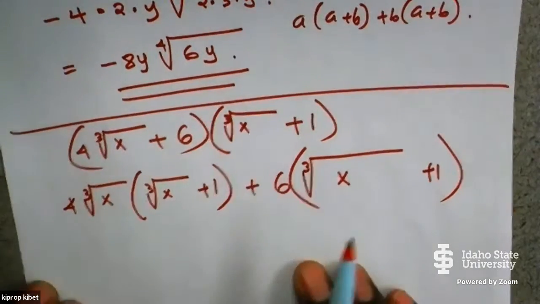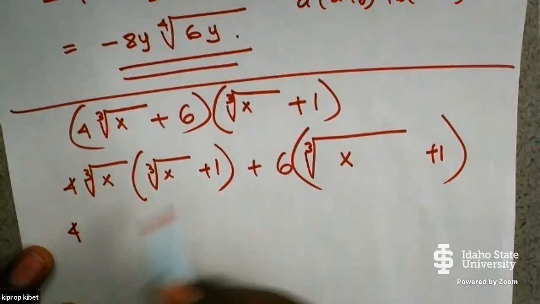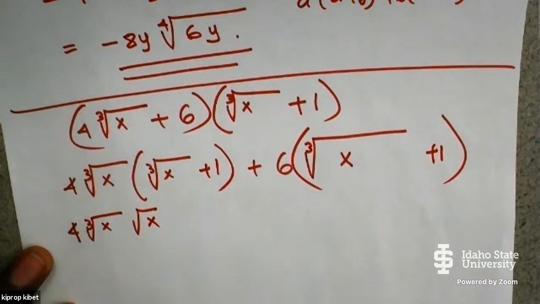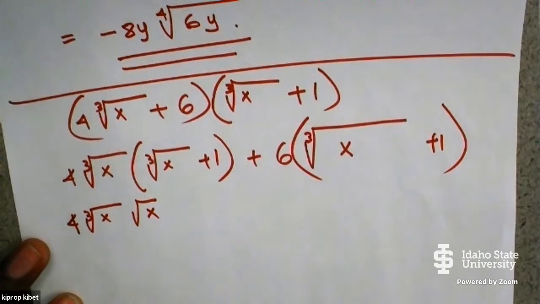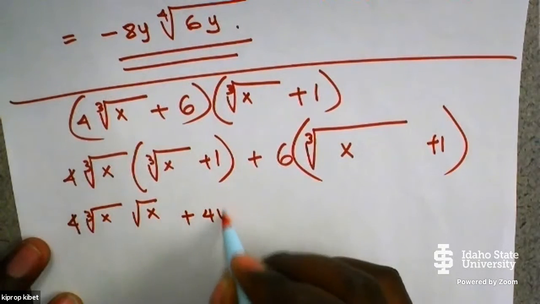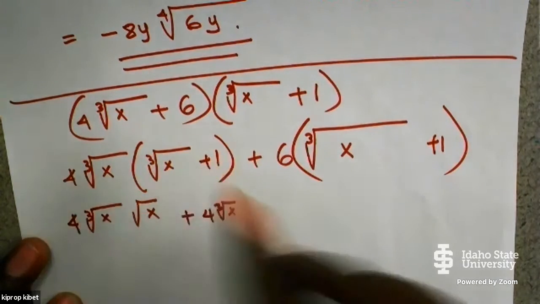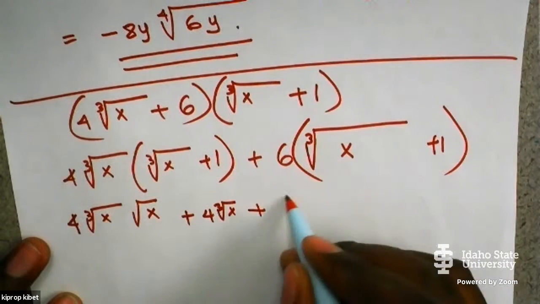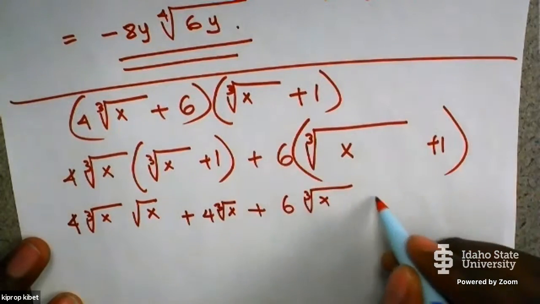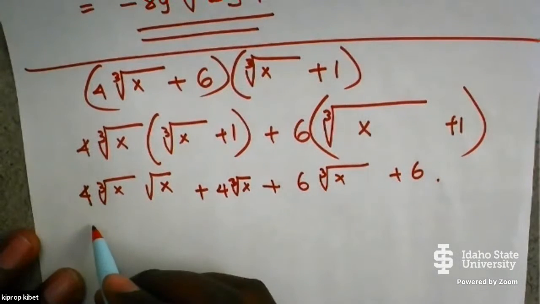So when you open these brackets, this is 4, the cube root of x, the cube root of x, right? So that is the first one, this and this. Plus 4, the cube root of x. That is the second, this and this one. Plus, you come to the next, 6, the cube root of x. And then the last one is plus 6. So this is 4.